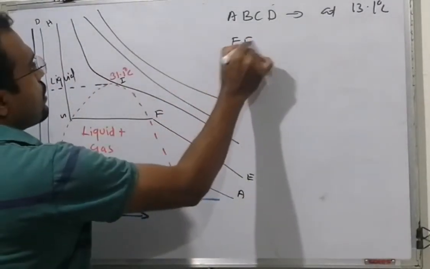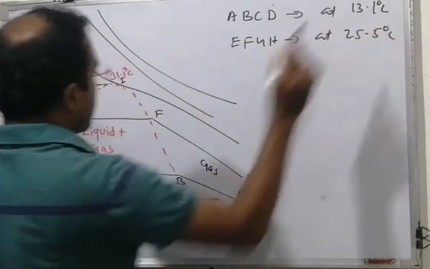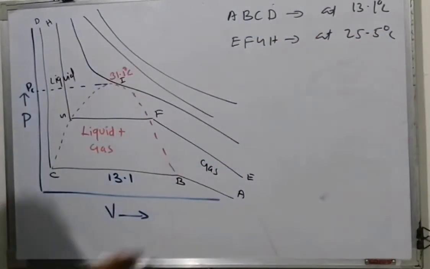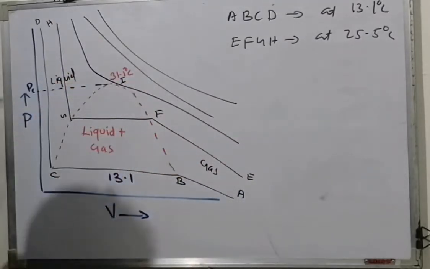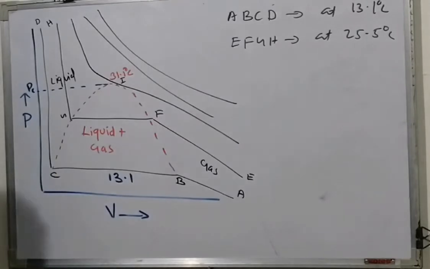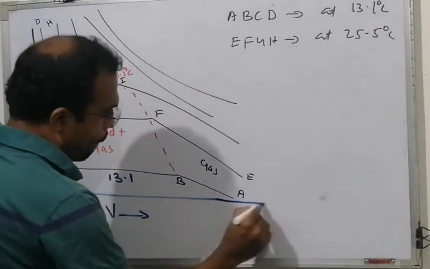E, F, G, H is the isotherm at 25.5 degrees centigrade. Now this particular one is the isotherm at 31.1 degree centigrade. Imagine you start from A.